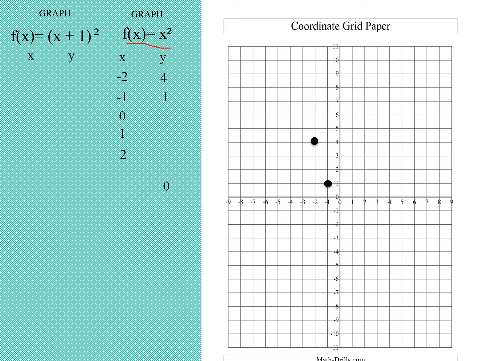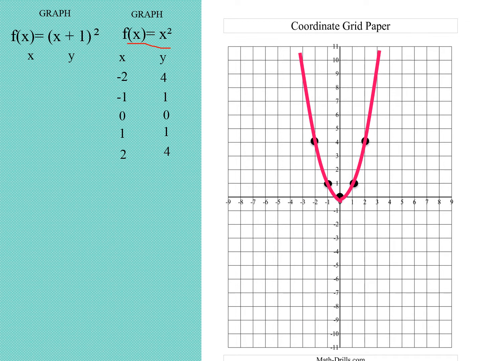We have 4, 1, 0, 1, and 4. Then, these are our plots, and our parabola will be open upward.